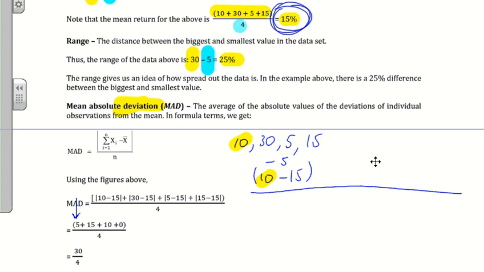And I go through them all. My second one, guys, is what? 30. 30 less 15 is my 15 over there. 5 less 15, not minus 10, which is the real answer, but plus 10, because we use absolute numbers. And then the last one, 15 less 15, of course, is equal to 0. Don't forget to divide by 4. There we go, 30 divided by 4.